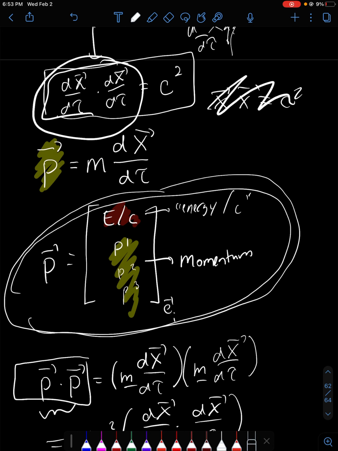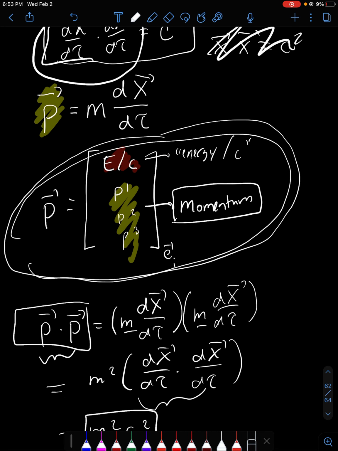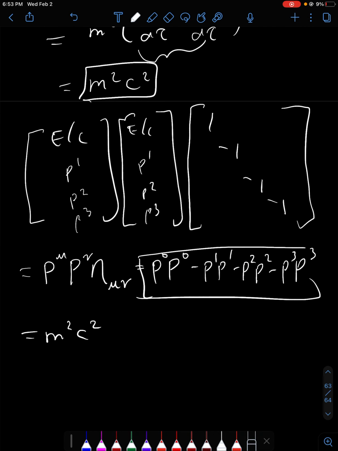Recall that the bottom three indices correspond to the usual momentum, right? So we can define this term as p squared.